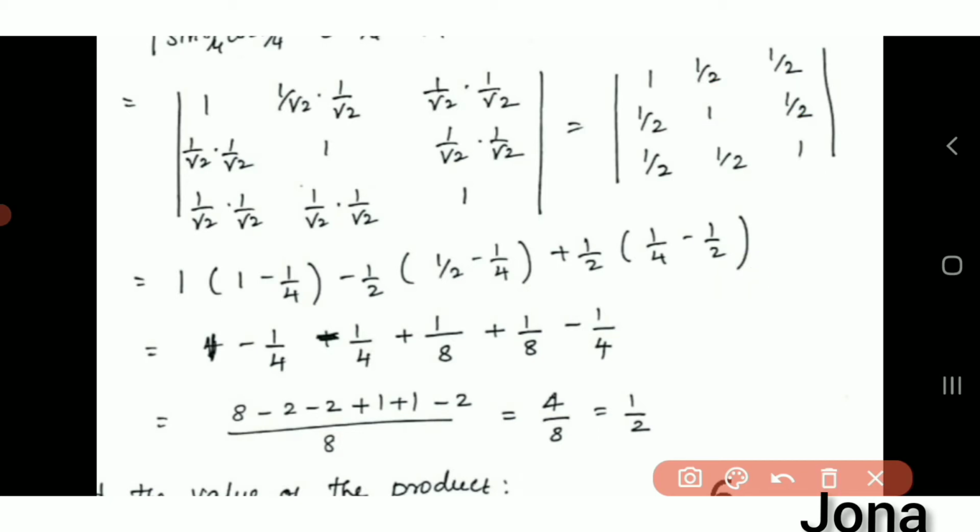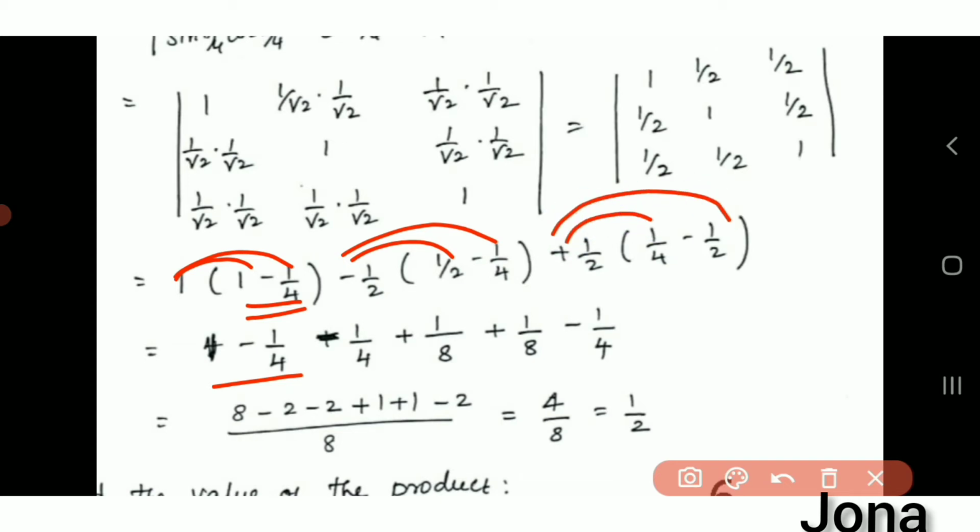Multiply 1 minus 1 by 4, and then here if you multiply this we got minus 1 by 4, here plus 1 by 8, here 1 by 8, and here minus 1 by 4. Likewise we have to multiply here.